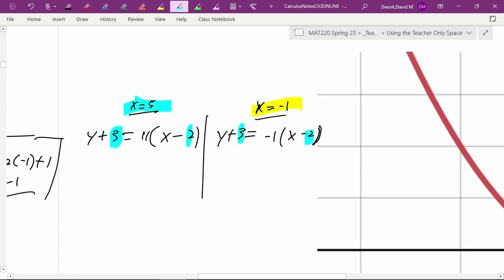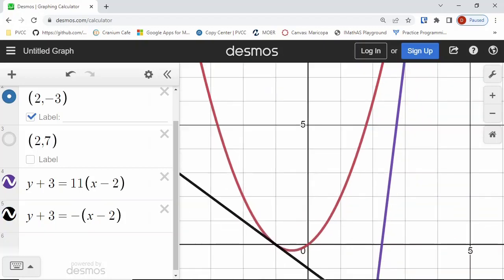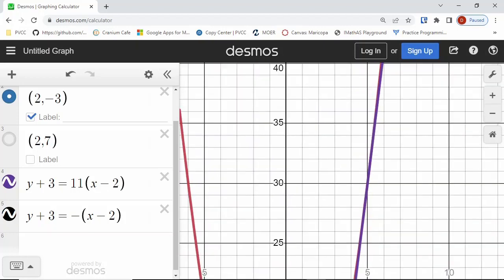Of course. Let's go ahead and pop this into Desmos and see what we see. All right, and so you can see I have gone ahead and typed in our two equations that we found, and you can see there it is, the black line going through our point 2, -3, and we can see there we go, it's intersecting at -1, 0, and this one at the value of 5, it's a little tough to get out there, but there you go.